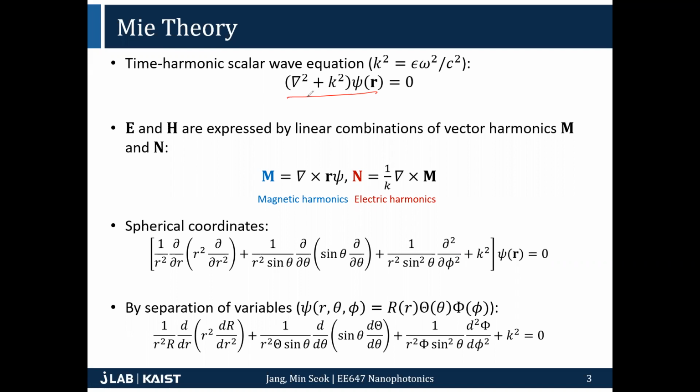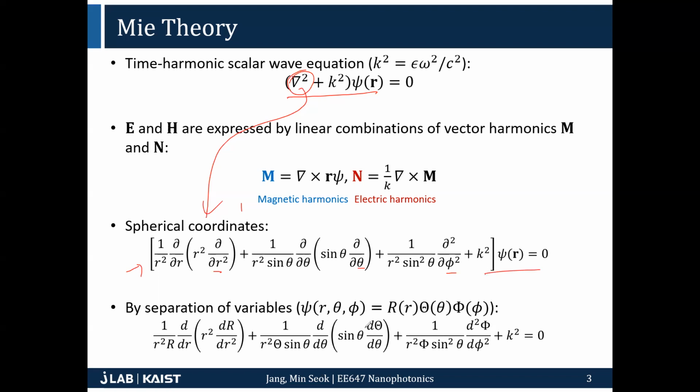So if you have a wave equation like this, what you do is you first write this Laplacian in spherical coordinates. So r function, theta function, and psi function. I'm sorry, a phi function.